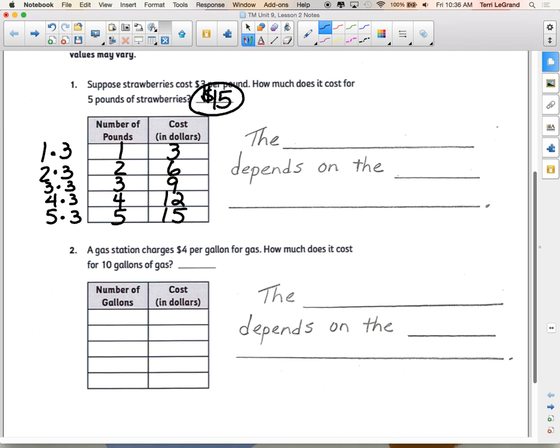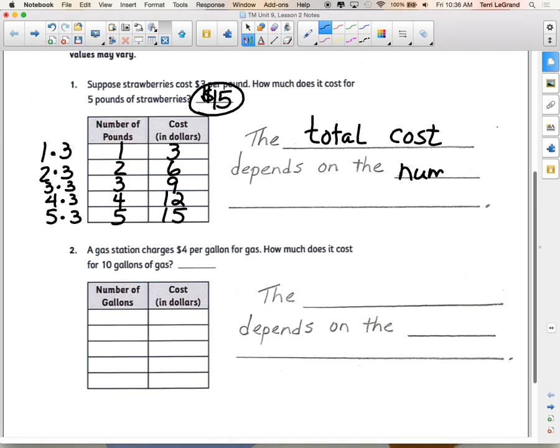Well, the 2 unknowns are the number of pounds of strawberries and the total cost. So Sam, what do you think? The cost depends on, yeah, the total cost. So we're going to say the total cost, and the reason we say total is because there's a cost per pound involved in this problem, isn't there? So our output column depends on how many pounds we bought, right?